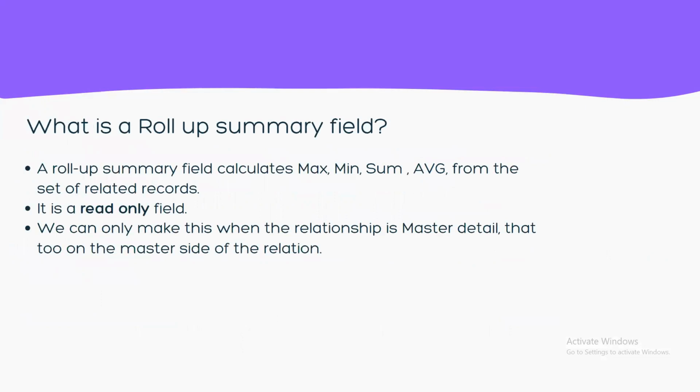What is a roll-up summary field? A roll-up summary field calculates maximum, minimum, sum and average from the set of related records. Roll-up summary field is a read-only field. We can only make these fields when the relationship is master detail. That too, the field should be on the master side of the relation, right?